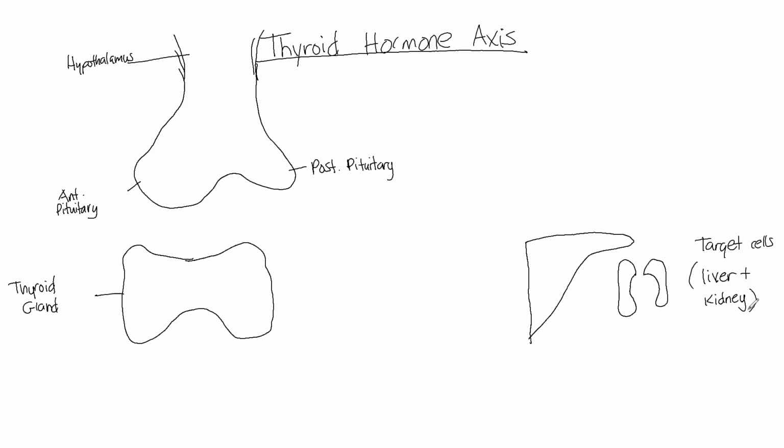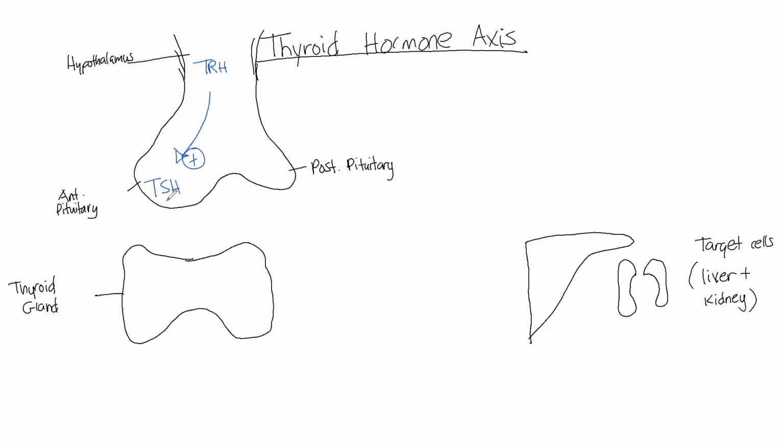All right, so let's start by talking about the initial trophic hormone that's released from the hypothalamus. That is TRH. Let's draw this in another color. So TRH is released from the hypothalamus. This is thyrotropin releasing hormone that stimulates TSH production from the anterior pituitary, which is thyroid stimulating hormone.